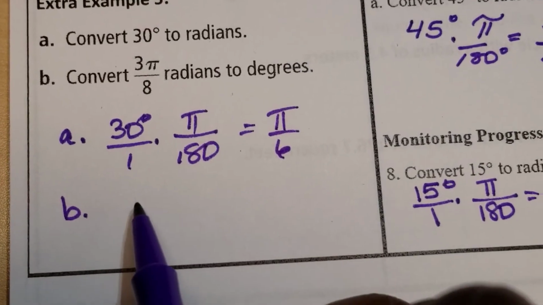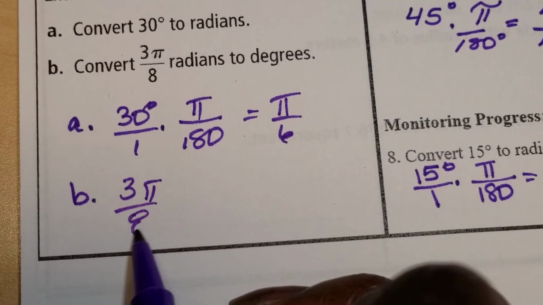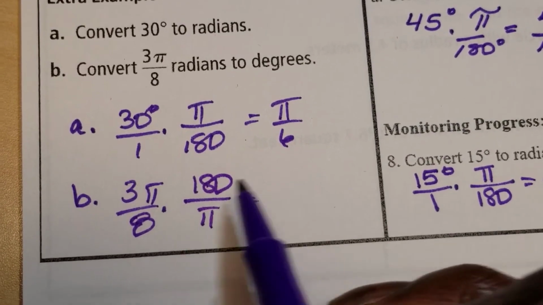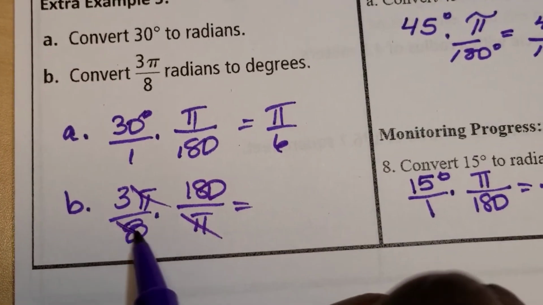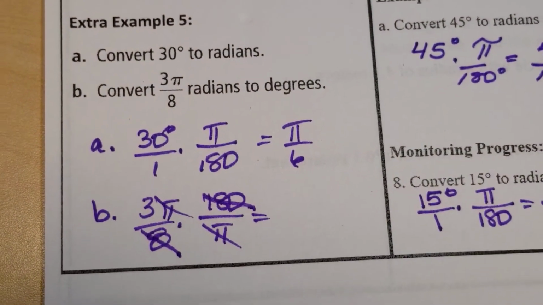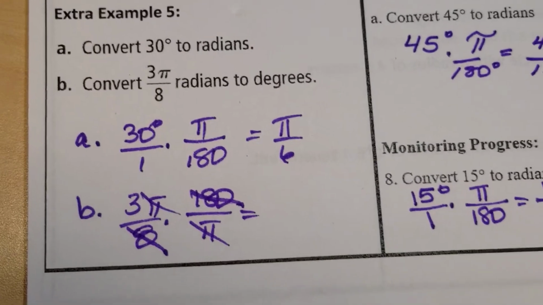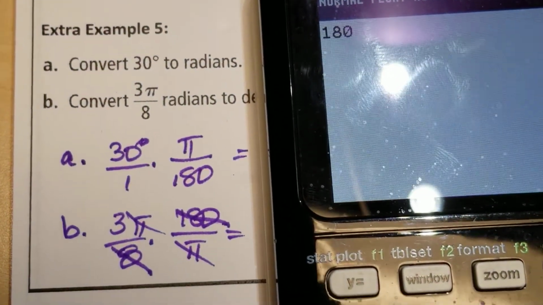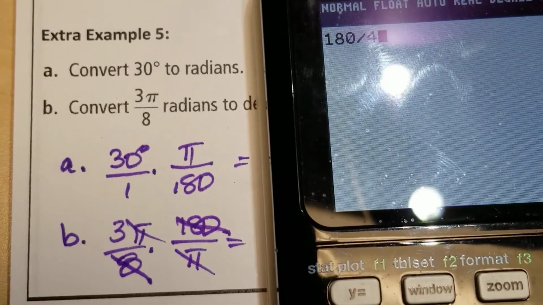For B, we're going to take 3 pi over 8, multiply top and bottom by 180 over pi. These cancel. Ooh, how many times does something go into 8? Let's see. Going to have to go to my calculator for that. I'm going to try 4. Let's see. If I try 4, let's see, 180 divided by 4.